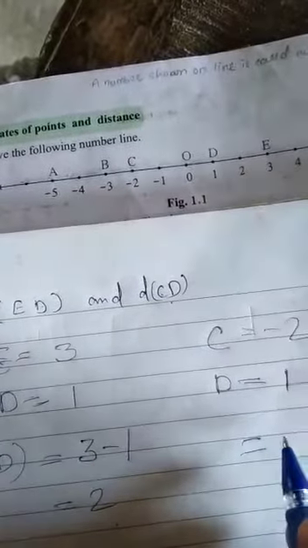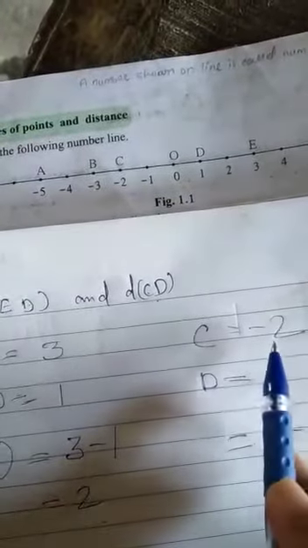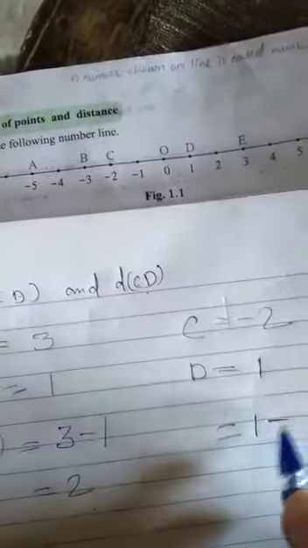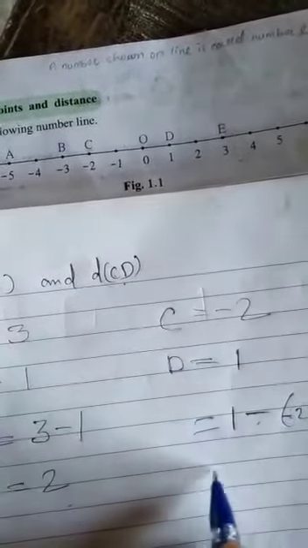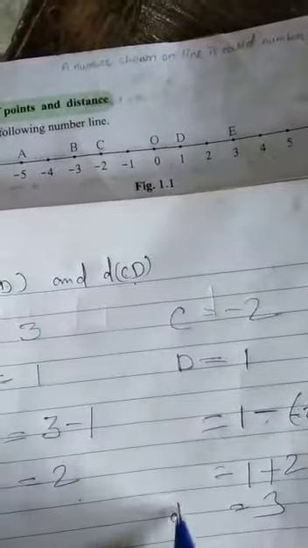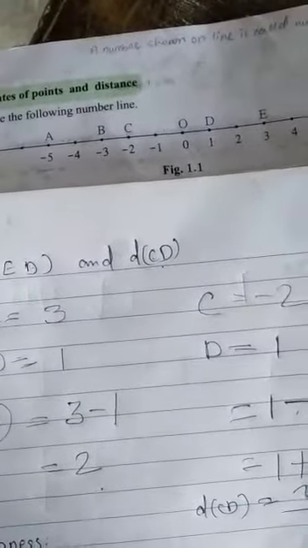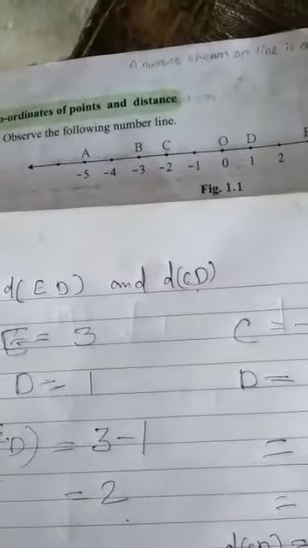The greater number is 1 and the smaller number is minus 2. That is 1 minus in bracket minus 2. Minus minus makes it plus, that is 1 plus 2 is equal to 3. Now the distance of CD is equal to 3. It's clear. So we can find the distance between 2 coordinates.